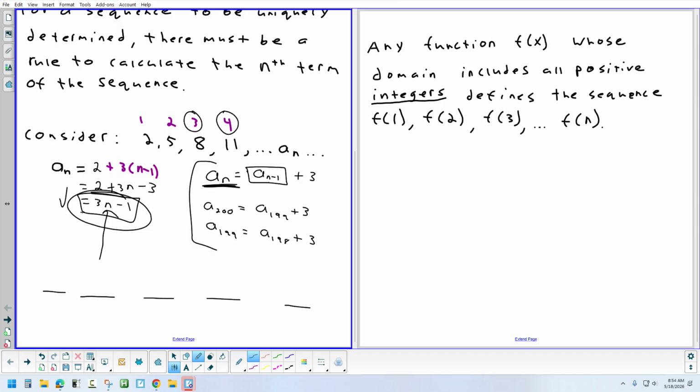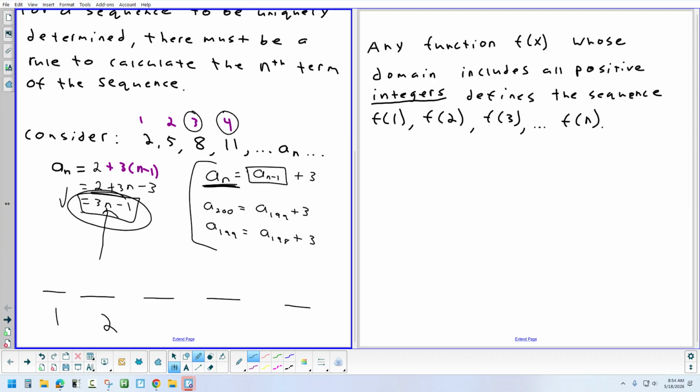When you have positions in a sequence, that's very discrete. Right? There's nothing in between the first position and the second position. So plugging in a number like 1.7 for n, that wouldn't make sense. What would that even mean? You're trying to find the 1.7th term? There is no 1.7th term.